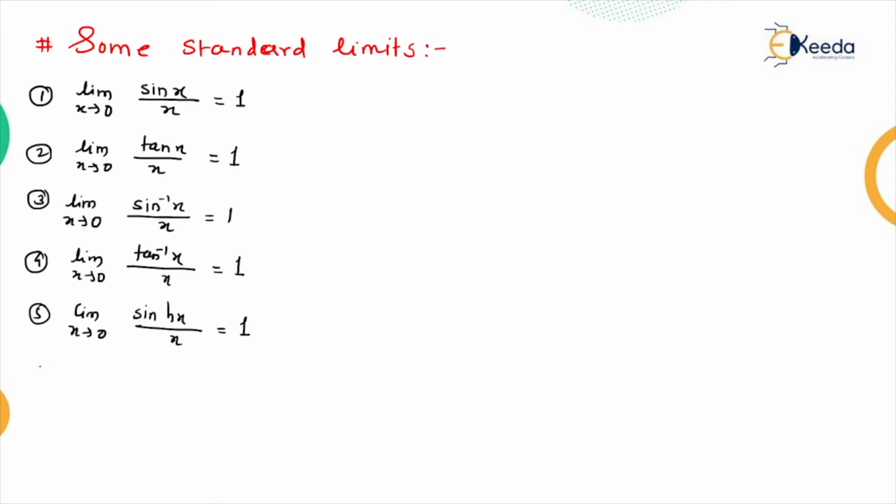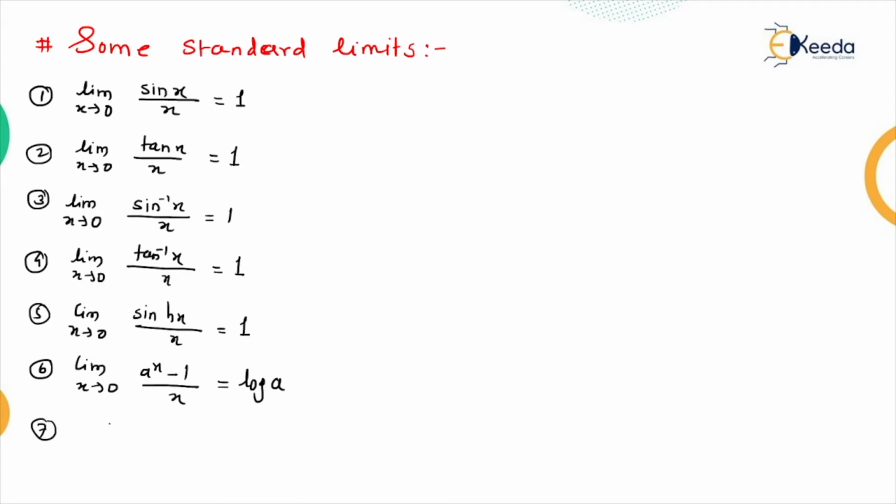Next, number 6, limit as x tends to 0 of a raised to x minus 1 upon x is equal to simply log a, guys.